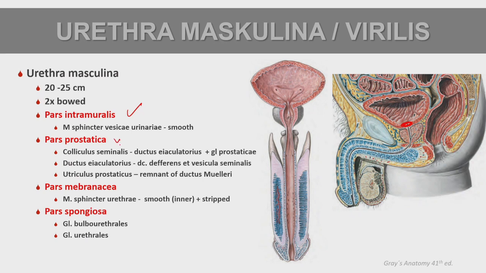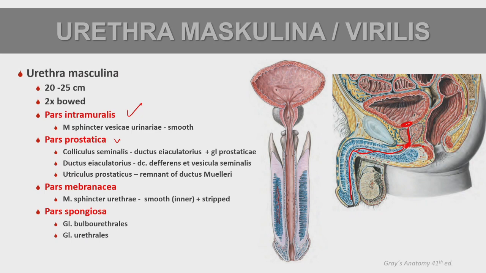Then we have the prostatic part, which is passing through the prostate. Then the membranous part, which is passing through the membrane of the perineum, and then pars spongiosa or pendula, which is the spongy body of the penis.